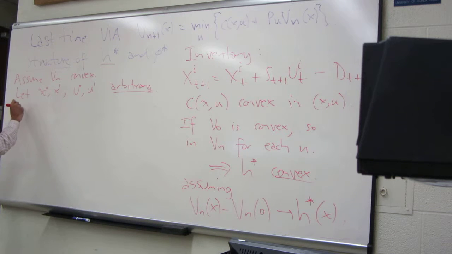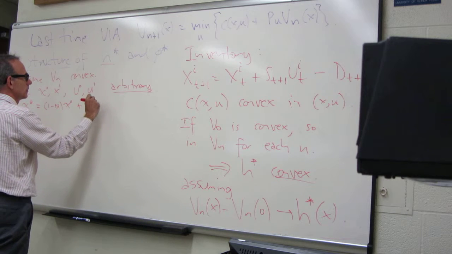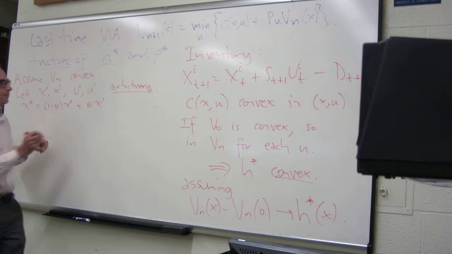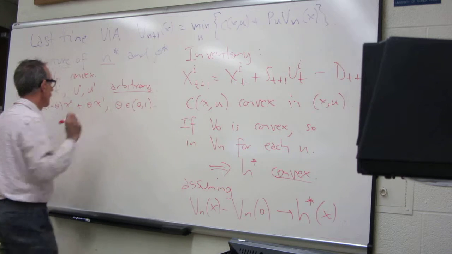So this is notation I'll use throughout. And it confused some of you. Okay, so whenever I talk about a convex combination, that's the definition of a convex combination. Some of you asked me this after the lecture. That theta is between 0 and 1.